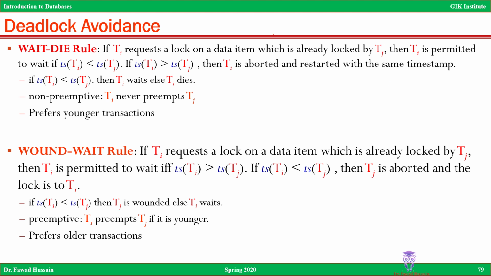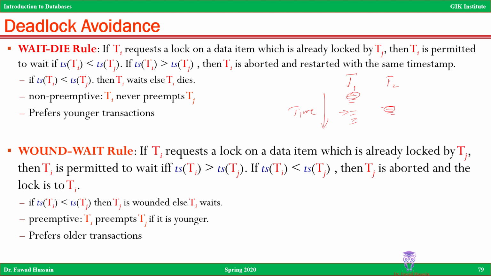So if T1 starts here, so this is where T1 starts, and T2 starts later. However, at some point you see that the timestamp of Ti is less than Tj. Yes, because if you are having the time in this fashion, this started much earlier and this started much later.